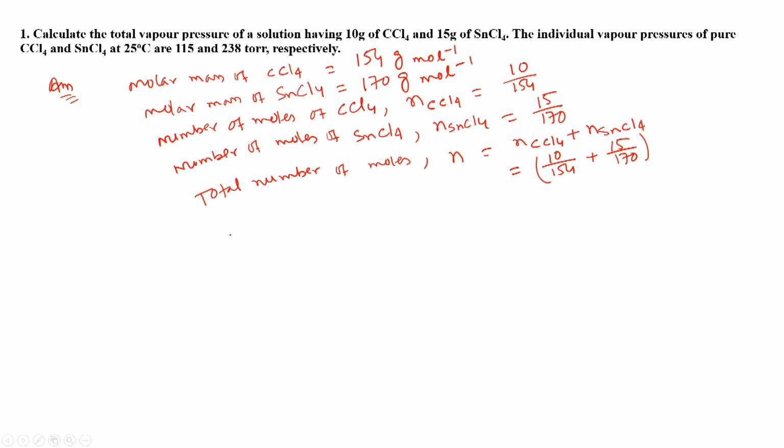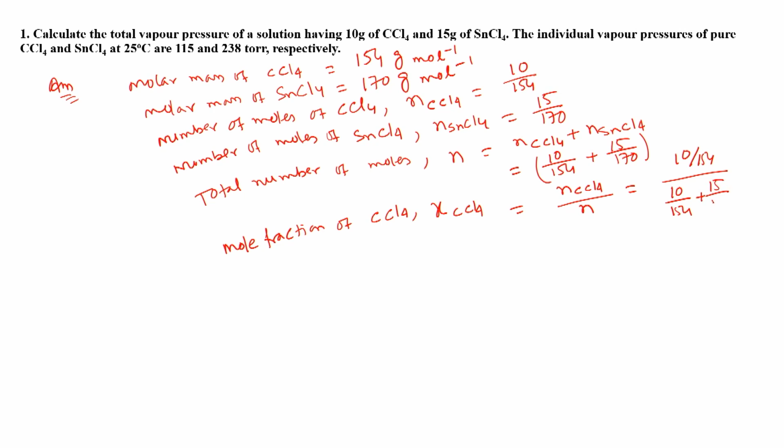Now we need to calculate mole fraction. The mole fraction of CCl4, if we consider this as X CCl4, is N CCl4 by the total number of moles N. So we write 10 by 154 over 10 by 154 plus 15 by 170.